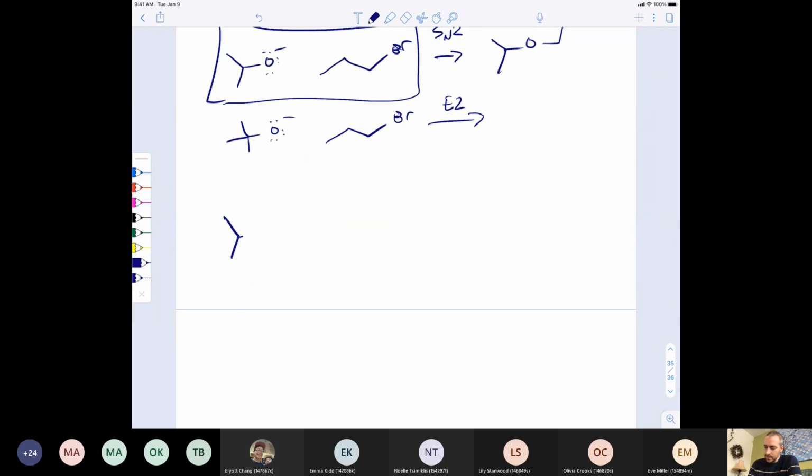So if you have an alkoxide like this, and let's say you have a benzyl, which I think you might have done this one in the lab. In this case, you can do an SN2 no problem because there's an alpha, but the beta carbon down here doesn't have any hydrogens, so you can't do elimination on this one.